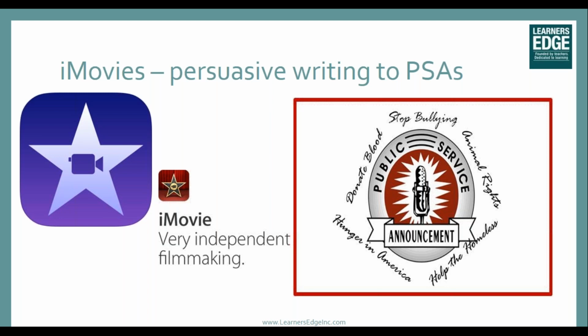A very simple application, it took maybe 20 minutes of pre-teaching some of the tool features, and then students in their small groups were creating really compelling PSAs based on some of their concerns and the issues that they had researched.